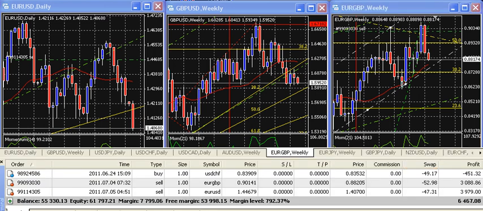To prove the authenticity of the trades that we made, here you could see that we are still maintaining the dollar Swissy, which is at 0.8390. Not too bad for keeping it at the minimum level of risk tolerance, comparing it with the gains on the euro pound and the euro dollar, which would totally offset whatever floating losses on the Swissy.